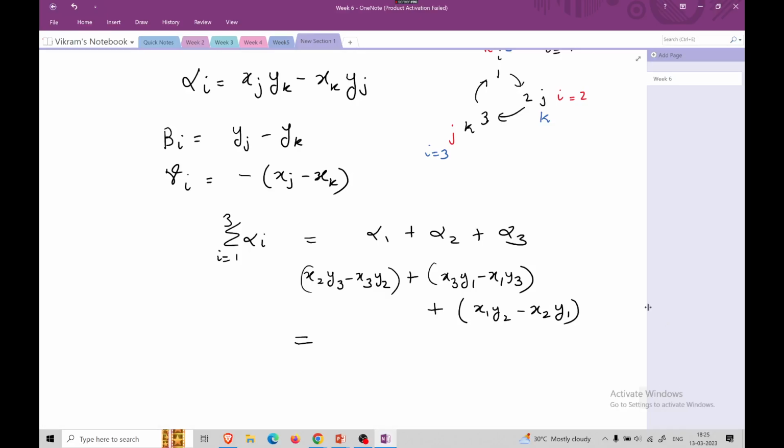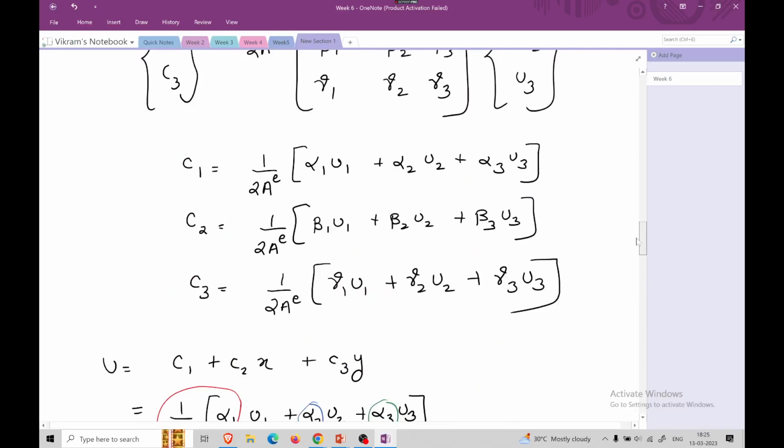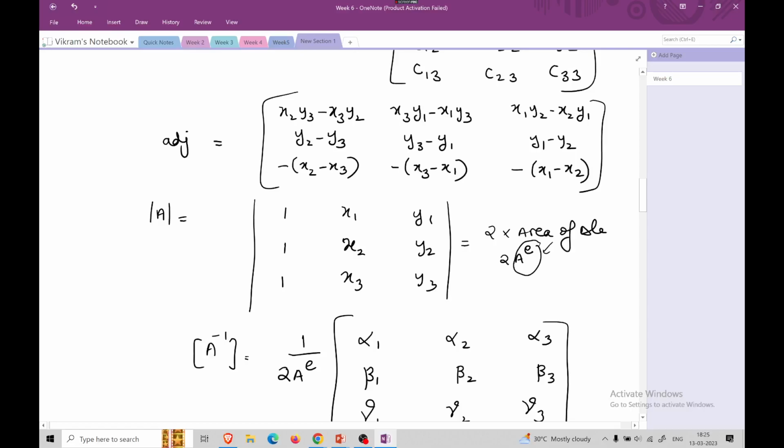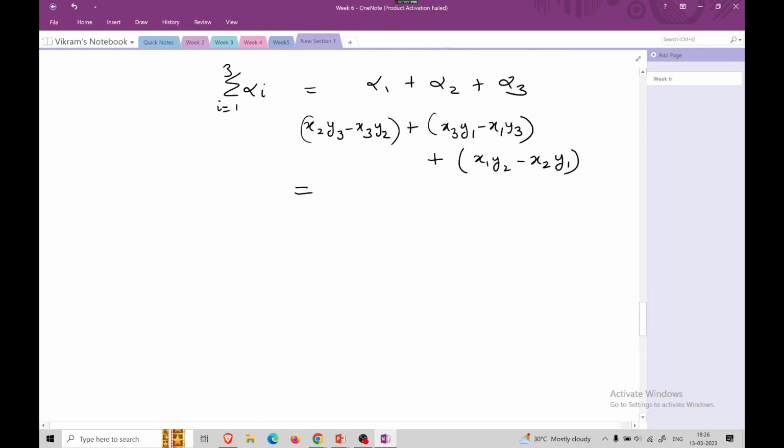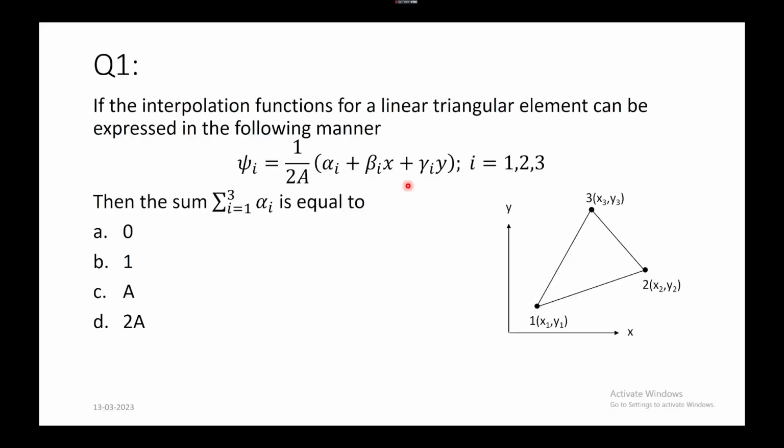Can anybody tell? If you observe this determinant and try to expand it, yeah, it will be 2 into area. So our answer should be option D, right? Answer is option D. This is how we found out the sum of alpha I.